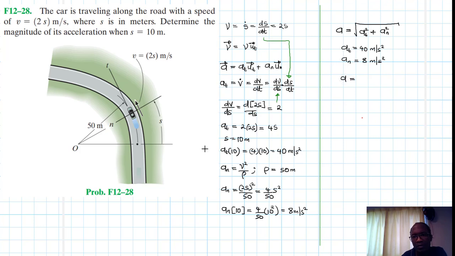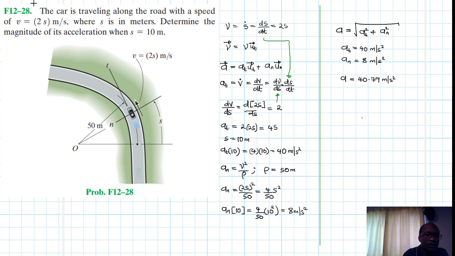Therefore, a is equal to the square root of 40 squared plus 8 squared. So we get a equal to 40.79 meters per second squared.